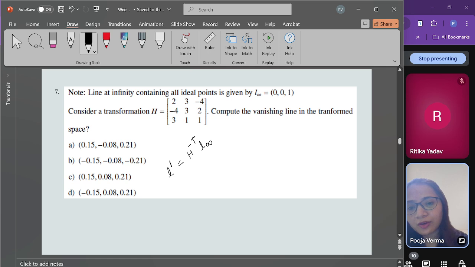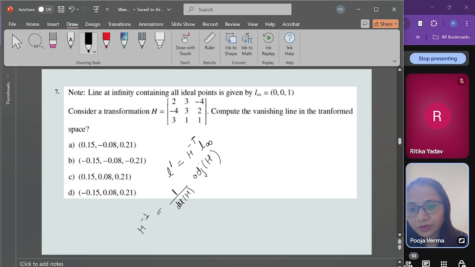Now to calculate H inverse transpose, first we need to calculate H inverse. The formula is 1 by determinant of H times adjoint of H.